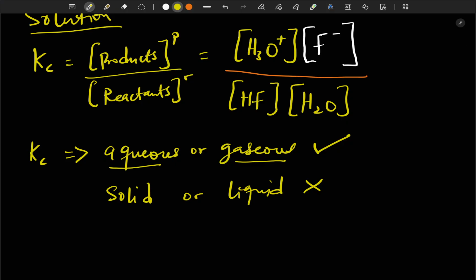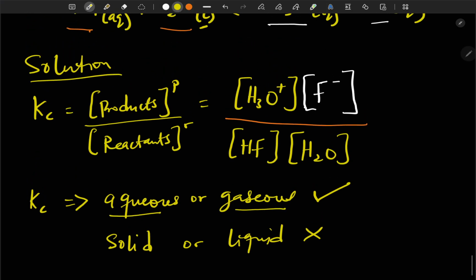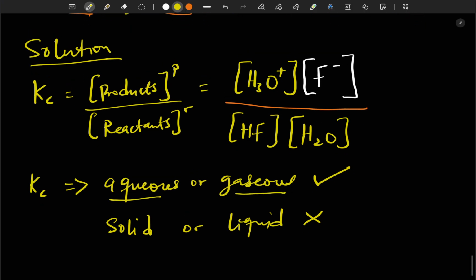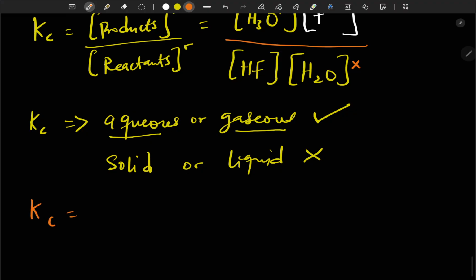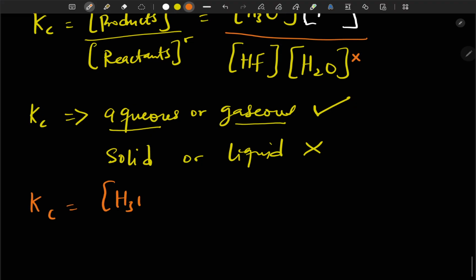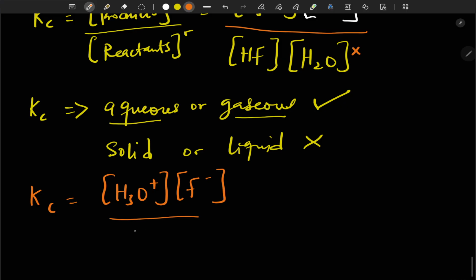We only include substances in aqueous or gaseous phase while writing the equilibrium constant that depends on concentration. So here we can literally exclude this H2O from this equation, and then the equation is going to become Kc is equal to H3O+ multiplied by the concentration of F- all over the concentration of HF.